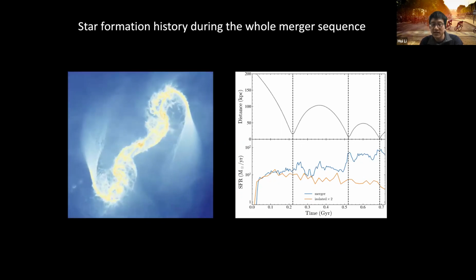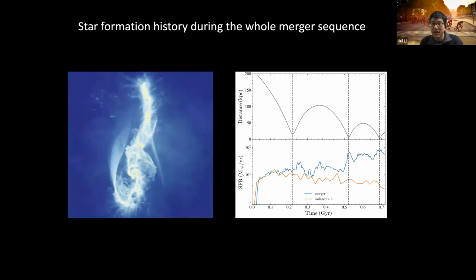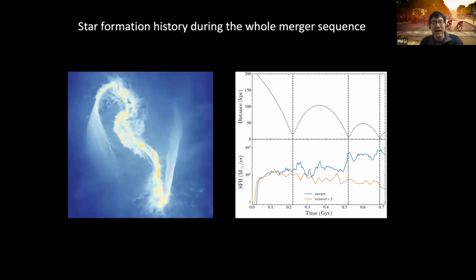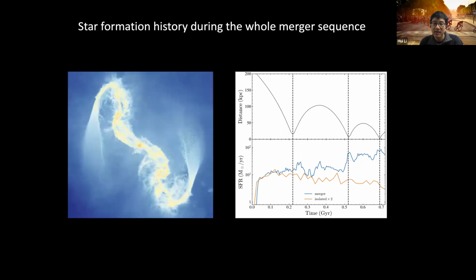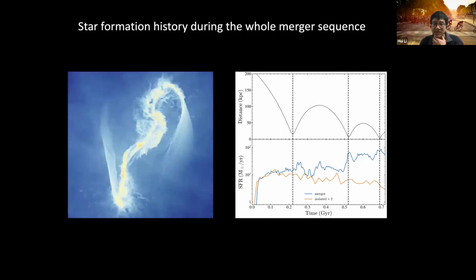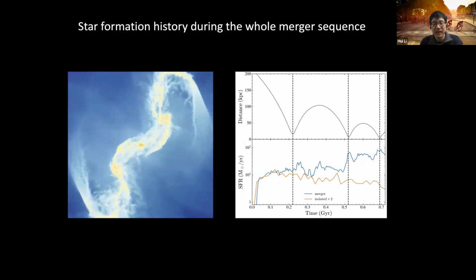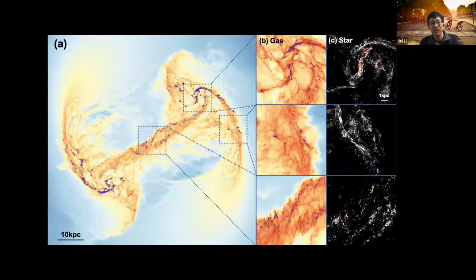We use the SMUGGLE framework in the repo that has been developed by Federico to study how galaxy mergers affect the dynamical evolution and the formation efficiency of star clusters in the idealized system. So this is the density snapshot of these galaxy merger pairs.